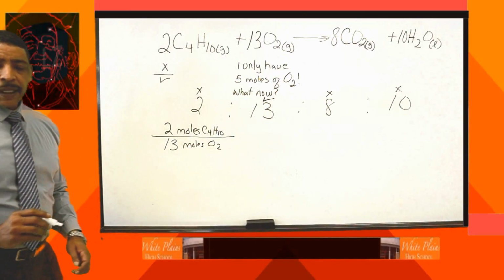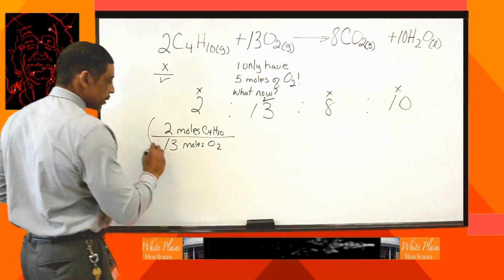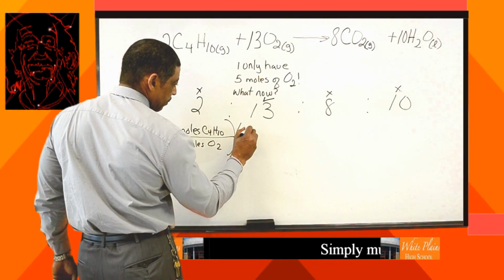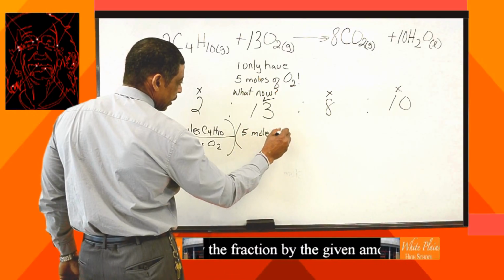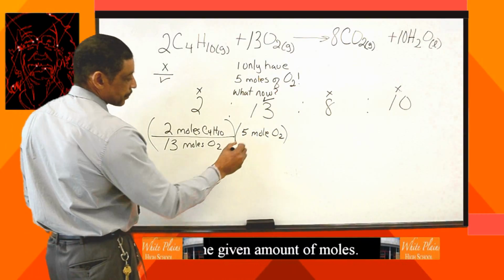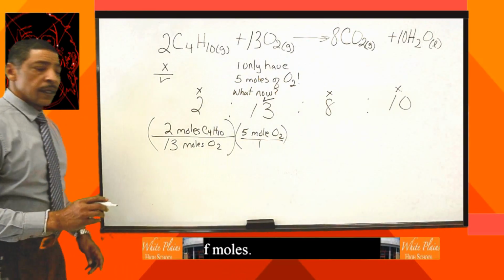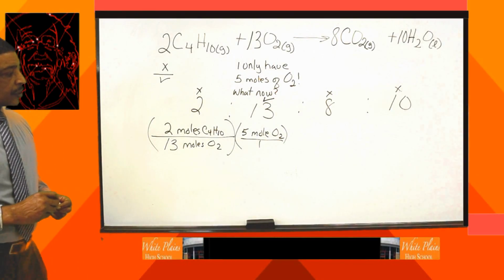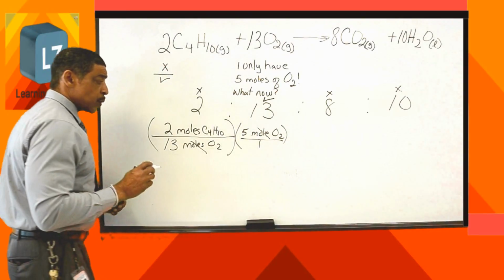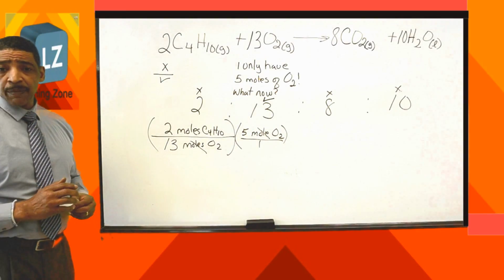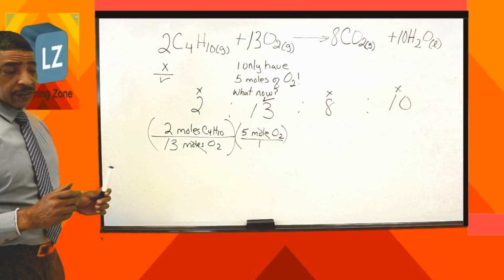Now multiply this fraction by the given amount, which is 5 moles of oxygen gas. We can write it this way. Now, since moles of oxygen gas will cancel out, we will determine the number of moles of butane gas consumed.